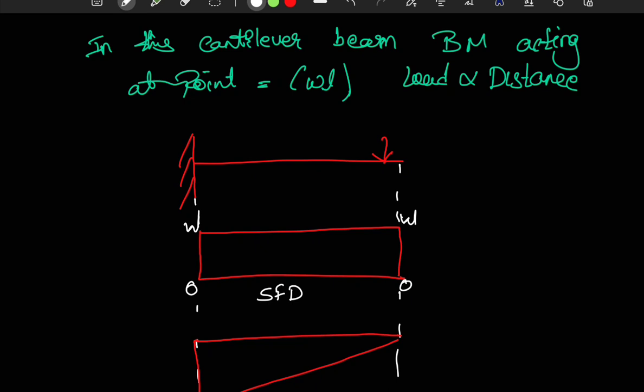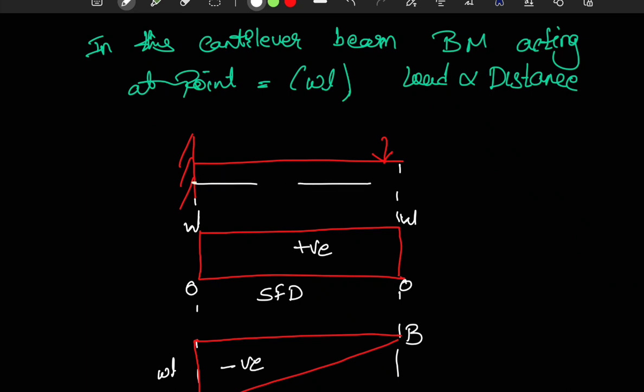It is A, it is B. It is WL, the acting bending moment. It is a negative bending moment, it is a positive bending moment.